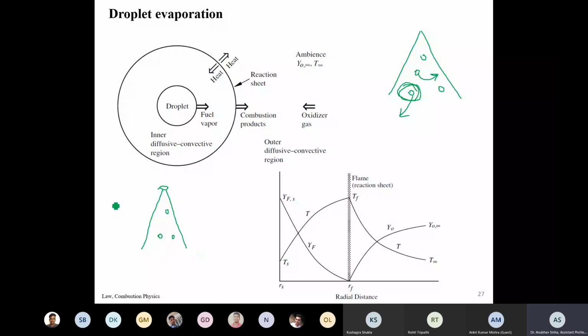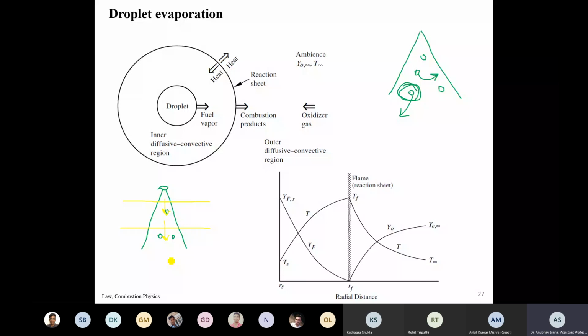If I talk about one section, I will calculate how many droplets are passing through this, how many are coming in and how many are going out. That will be the Eulerian description. I fix my control volume and see how many particles are passing. I talk about some average number or the average heat flux.